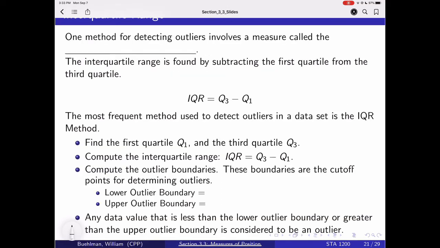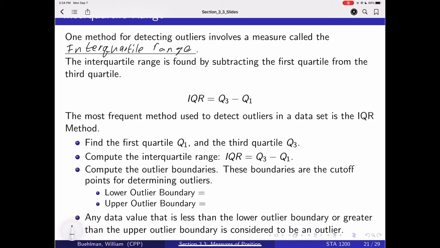So when we're trying to detect outliers, one of the tools we can use is called the interquartile range. The interquartile range is found by subtracting the value of the first quartile from the value of the third quartile. So here you see IQR is equal to Q3 minus Q1. The most frequent method used to detect outliers in a dataset is the IQR method.